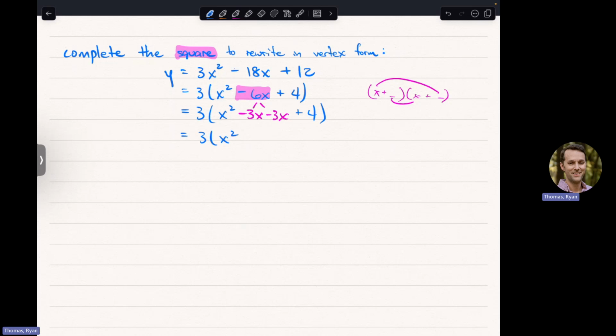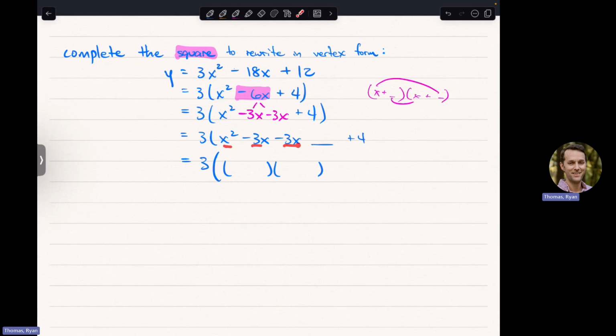And then looking at that tells me what the factors would need to look like for this perfect square. So I'm going to leave a little bit of space here, with a big set of parentheses for that factor of 3. And then these are going to be my factors.